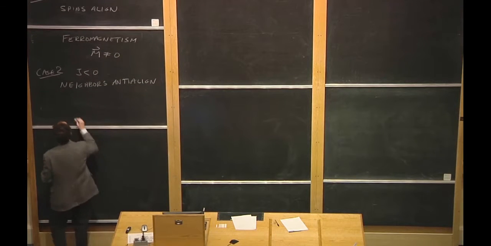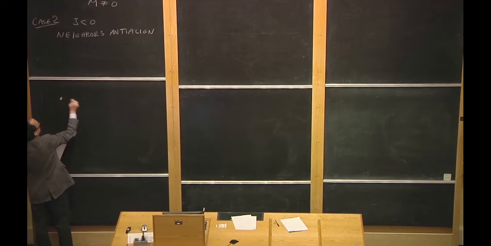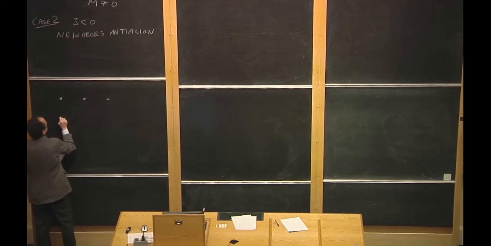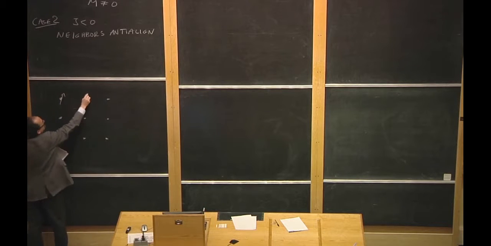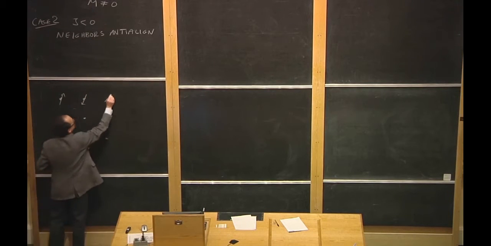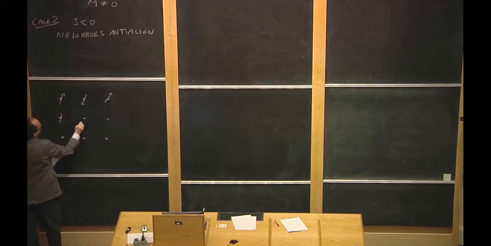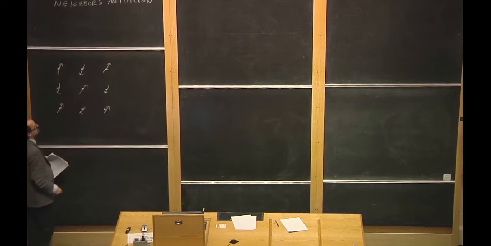So if we have a square lattice like this, each with a spin on it, if the first spin is pointing up, then the second spin will want to point down in order to make the energy as small as possible, and then the third spin will point up, this one will point down, this one will point up, this one will point down, so forth and so on. And we'll get these alternating spin structures.